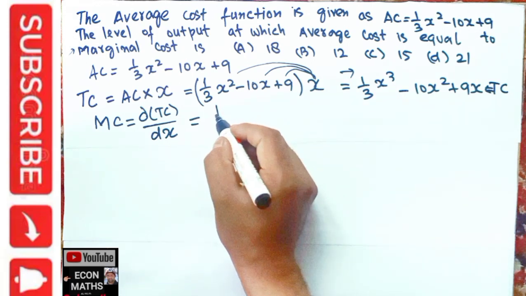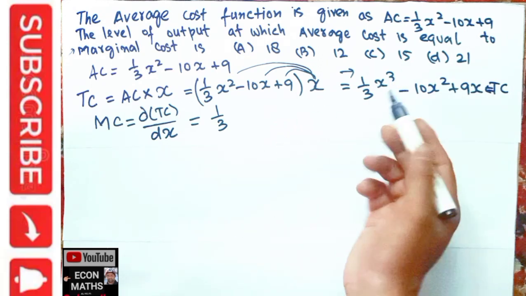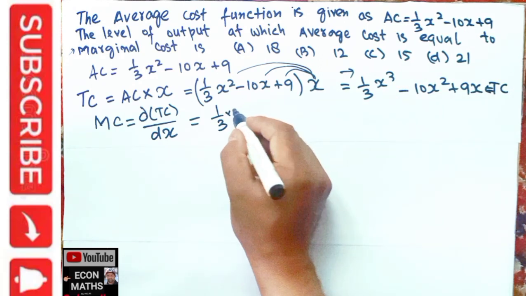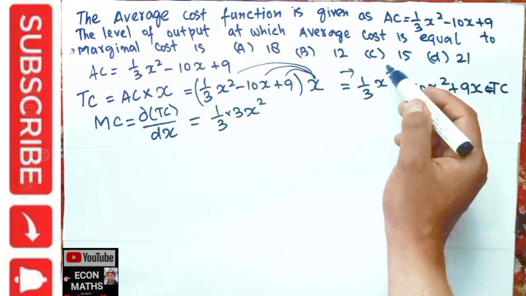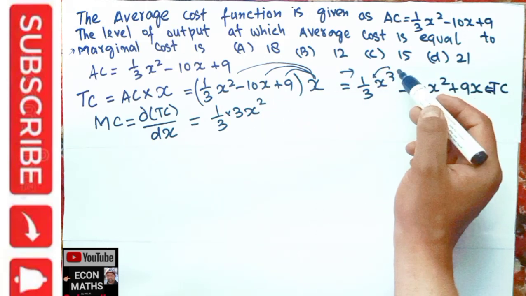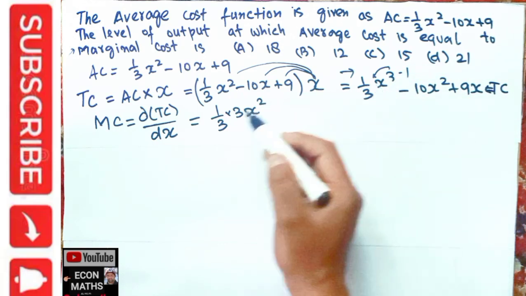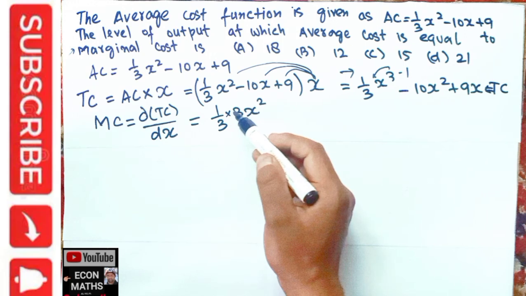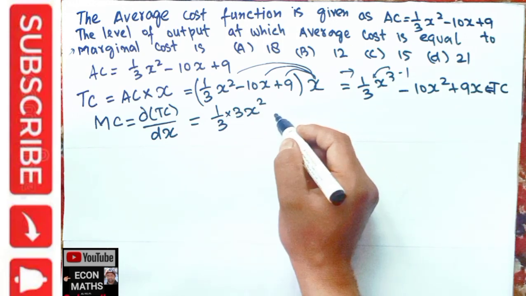So here we have 1 by 3, the derivative of x cube is simply 3x square, because this 3 becomes the coefficient and the exponent is subtracted by 1, so 3 minus 1 is 2. This 3 becomes the coefficient and is multiplied with the other coefficient.